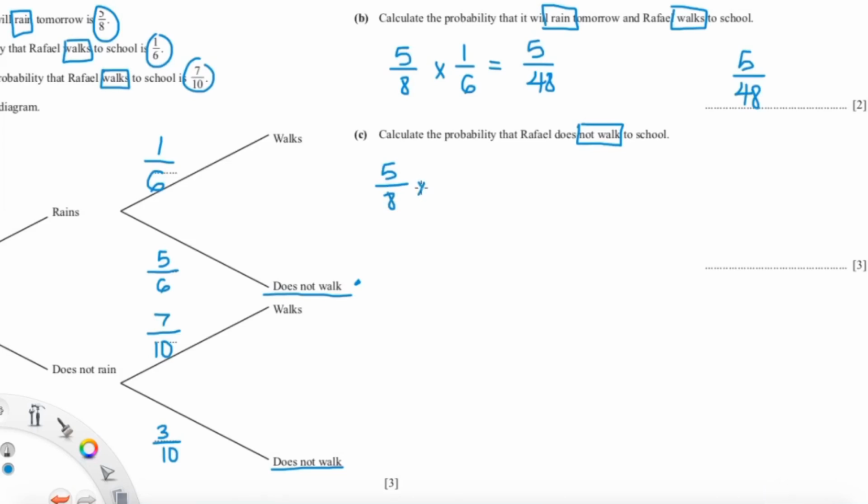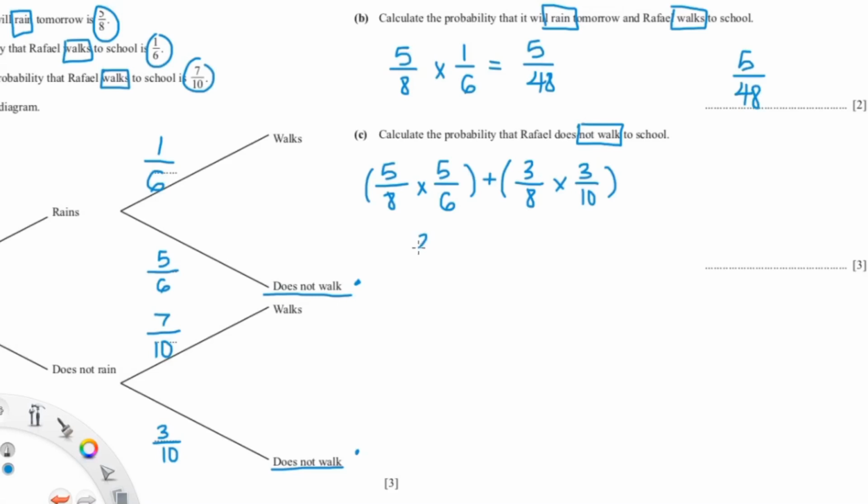So that is 5/8 times 5/6. And we're going to add that to the probability that he won't walk when it's not raining. So the probability that it does not rain is 3/8 times the probability that he won't walk, which is 3/10.